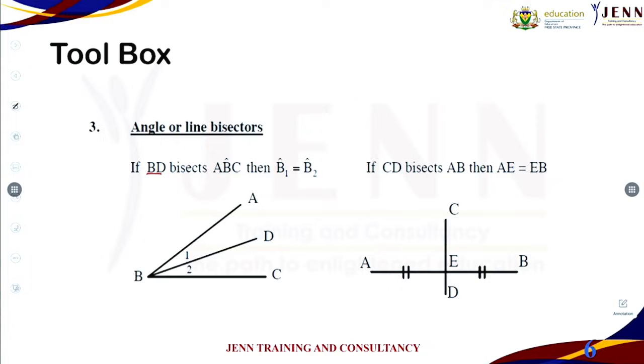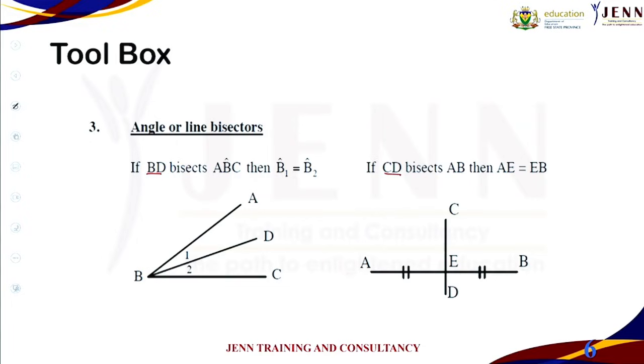It simply means angle B1 is equal to angle B2. And then if you are given that CD bisects line AB, then that simply means AE is equal to EB.